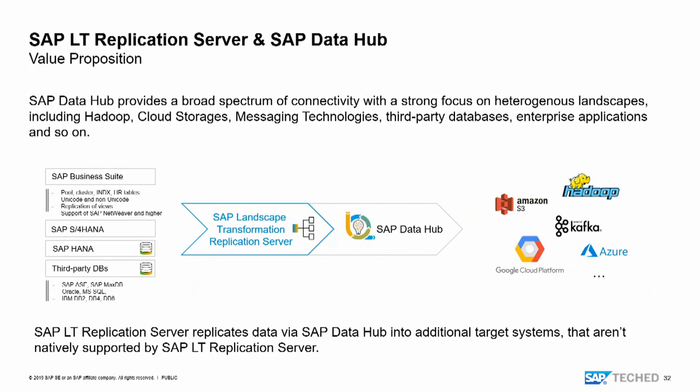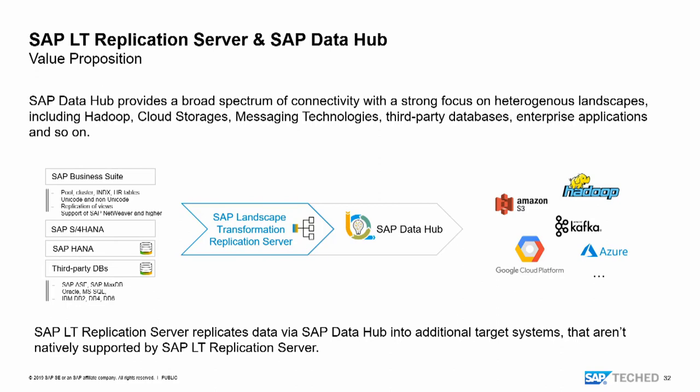From the SAP Data Hub point of view, this makes a lot of sense because we have a proven technology, which has been out there for many, many years. We have more than 8,000 customers that are quite satisfied with the tool, and we just reuse the technology that we have available within SLT.